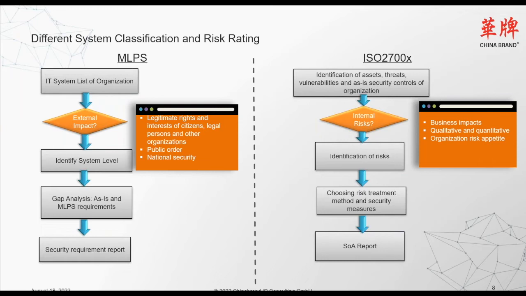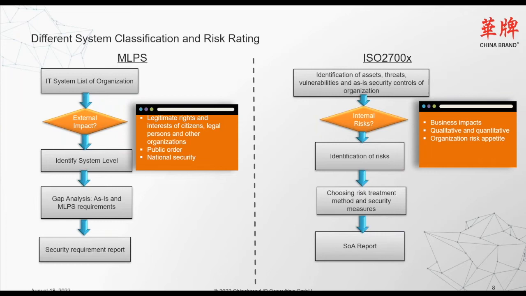So this is how you decide the system level, and then you do a gap analysis as-is to the MLPS requirements, and you will produce a security requirement report. For the ISO 27000 series, you have a very much internal way of analyzing the risks related to certain protection objects.